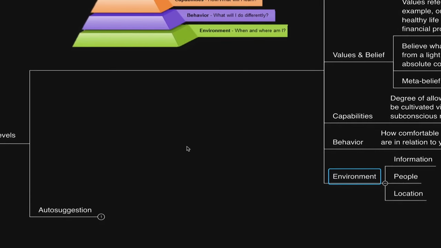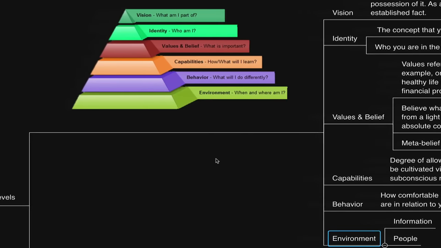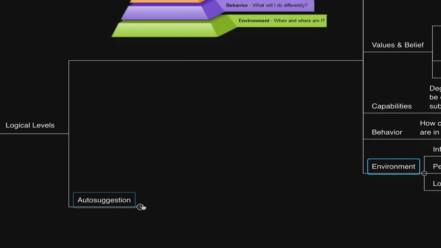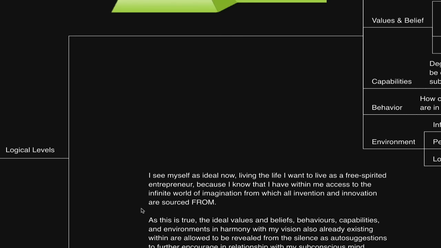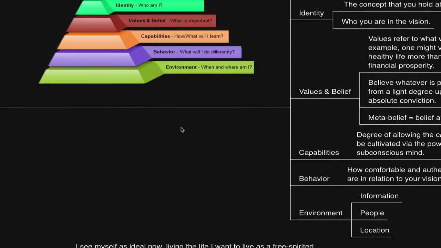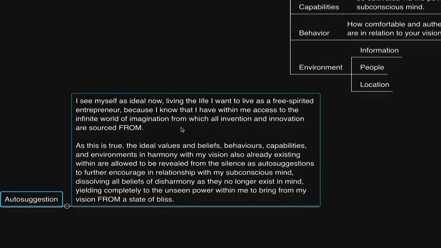Write them down and release them with autosuggestion, like for example the one I gave earlier, and go within for what to accept as true. This outer world is made up of beliefs, some helpful and some not so much. You find your true ones within via intuition and turn them into autosuggestions and accept your own suggestions.